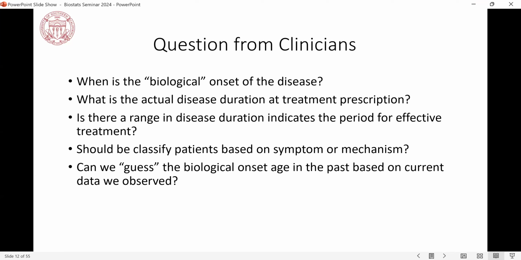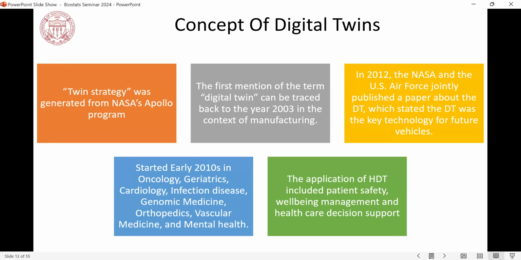But what we have is some data, some useful data, not perfect. I will show you how to be creative when we use this data. I'd like to introduce the concept called digital twin. It's also a very trendy concept. This concept starts with the Apollo program.